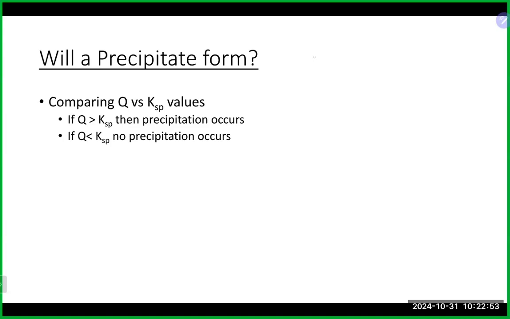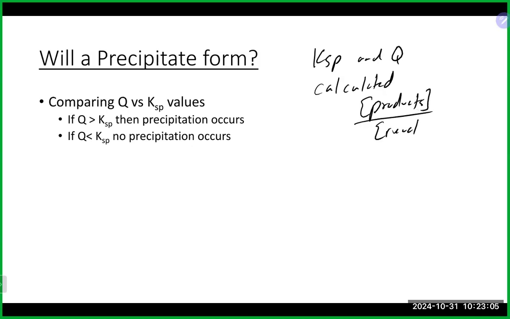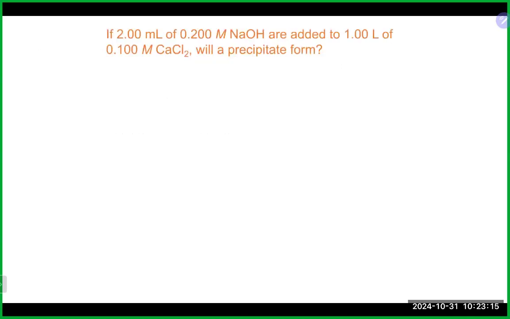A reminder again, KSP and Q are calculated the same. It is just basically our products over our reactants. And again, in this situation, much like we've been seeing, you pretty much will not have any reactants. So it's basically just the products. Again, you calculate Q the exact same way as you calculate the KSP.